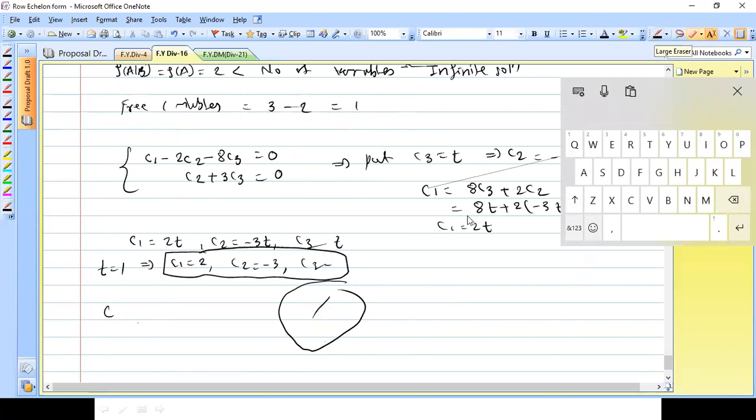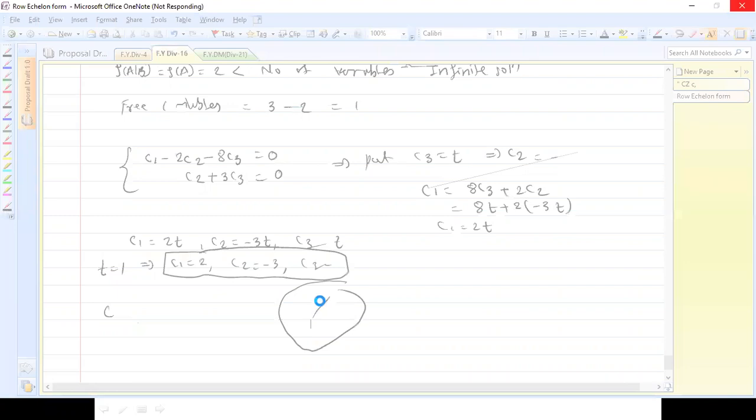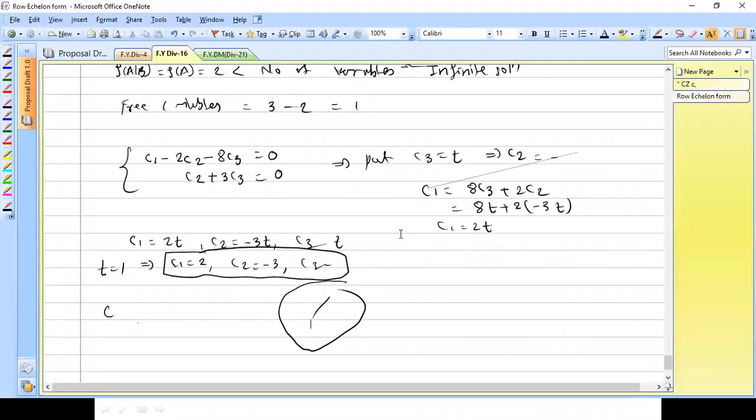Yes, good. That is what I wanted to do. Put these values in the linear combination equation. So you can substitute C1 plus C2. Correct. So what are you getting?